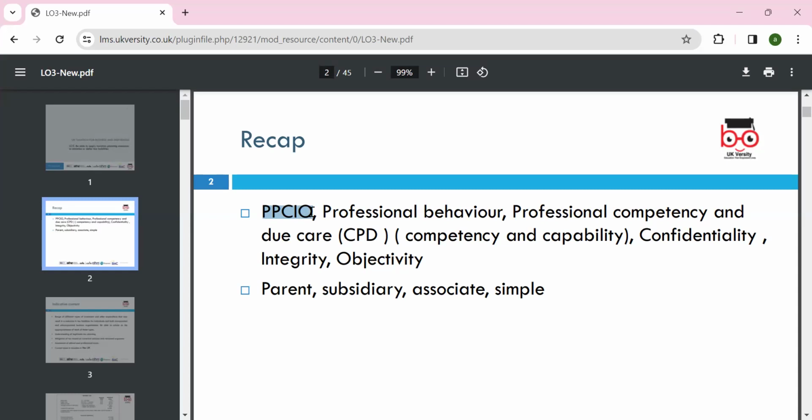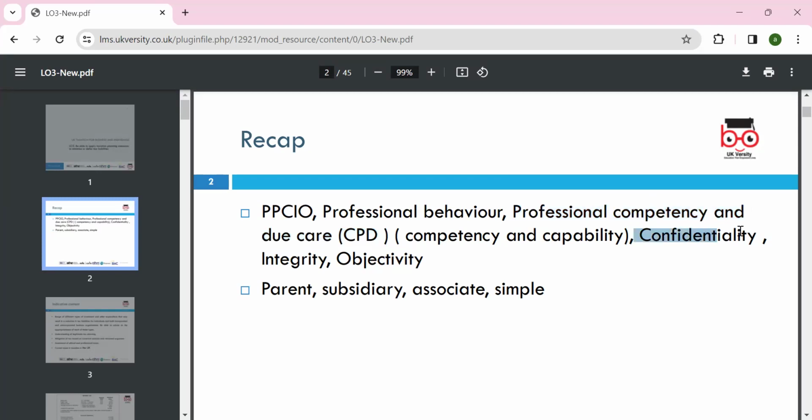Professional behavior, not conflicting information, to the point, not self-interest. Professional competencies, up-to-date knowledge. We do CPD records every year, 35 hours in a year. Competencies and capabilities: we should be competent, and carry on upskilling.